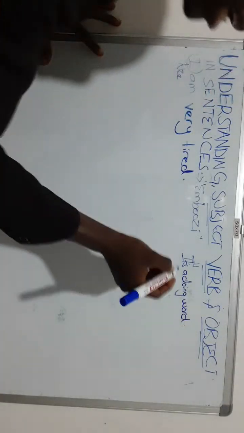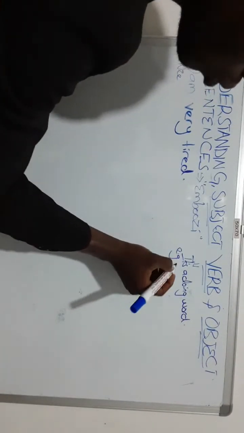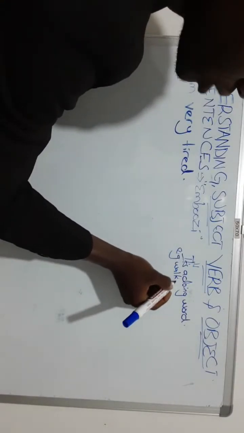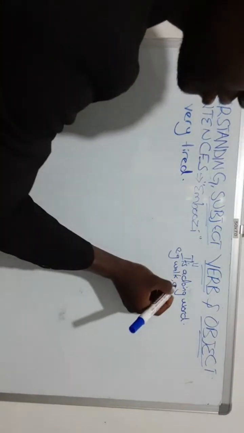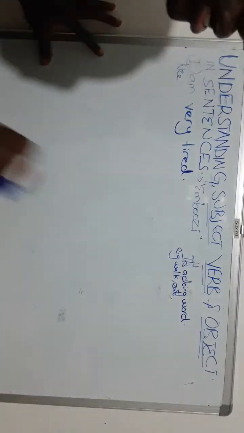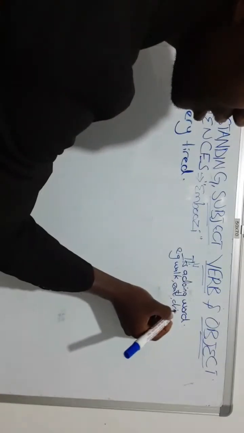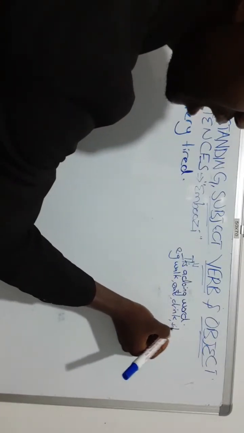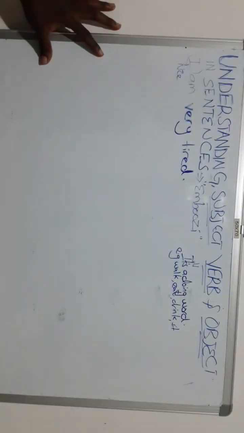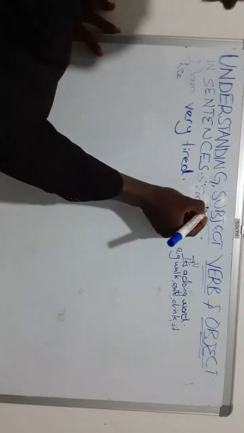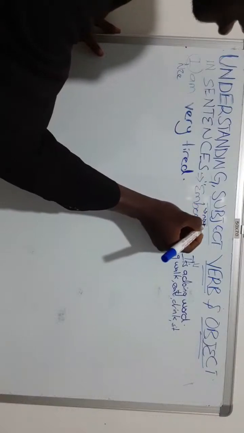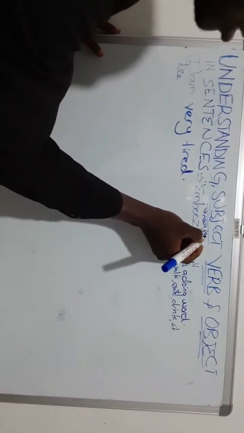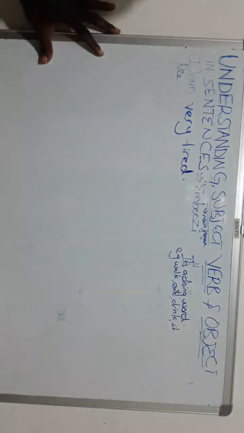Ekigambo ekiraga ekikolwa. For example, walk, okutambula, eat, okulya, drink, sit, and many others. Whereas subject gano gaba noun or pronouns in the sentence.